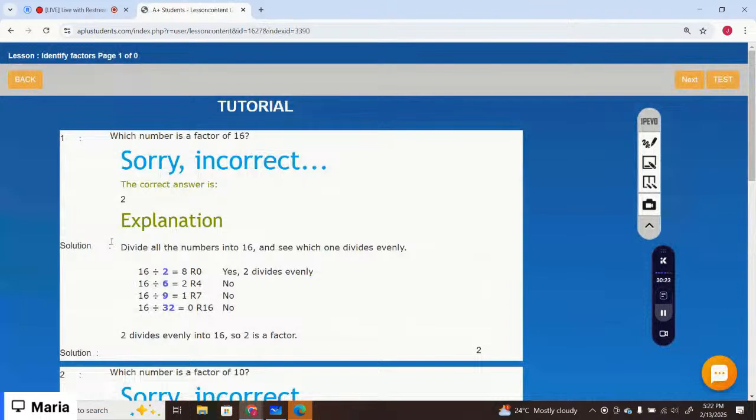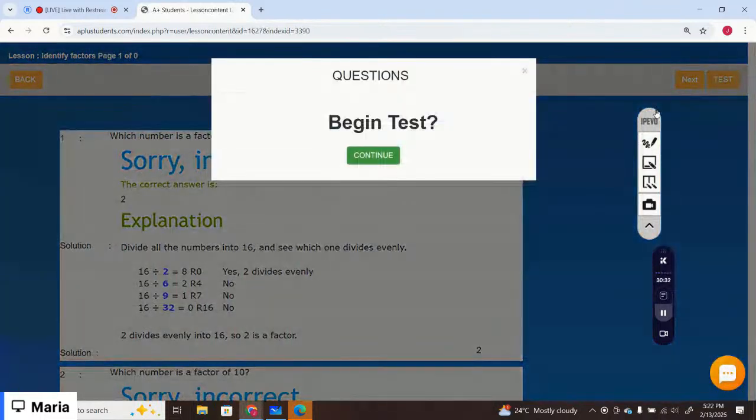Which number is a factor of 16? A factor is a number that can completely divide a number. Let's start with the test questions.